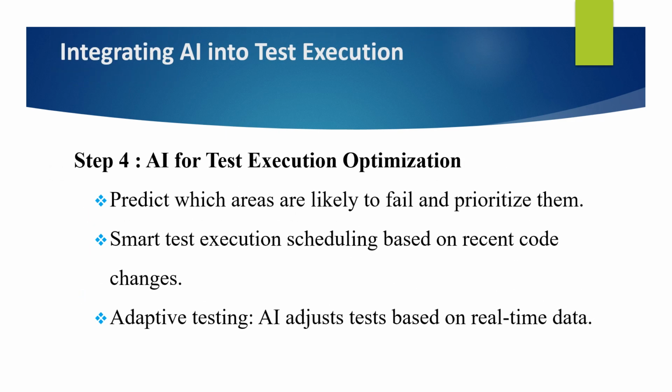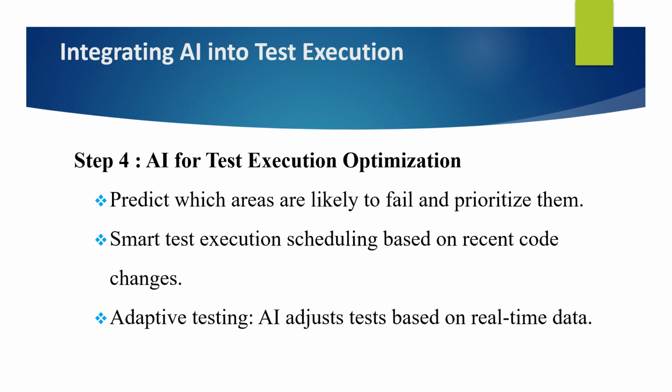AI isn't just for test case generation, it can also optimize test execution. In traditional testing, all test cases may run regardless of whether they are necessary for the current build. But AI takes a smarter approach. It can predict which parts of your code base are most likely to fail based on recent changes and run tests accordingly.